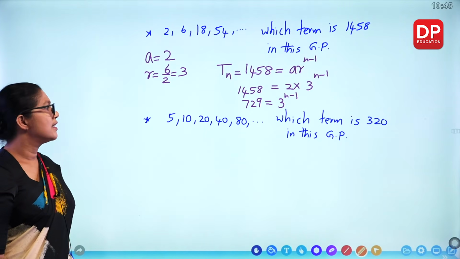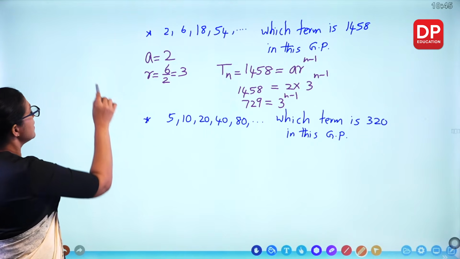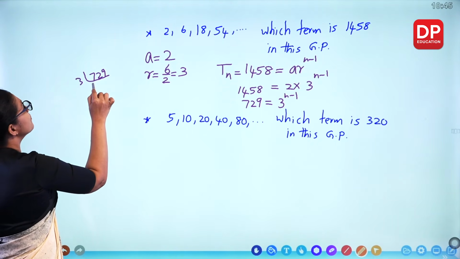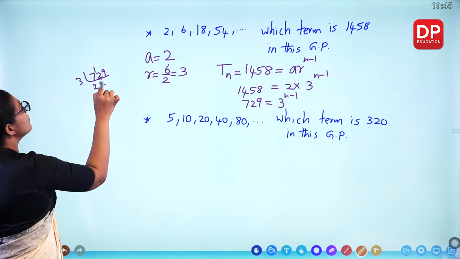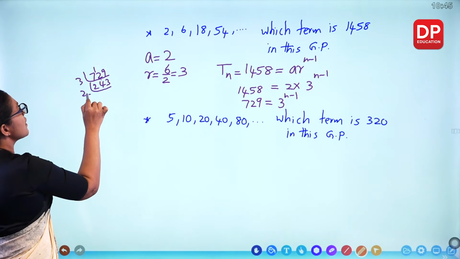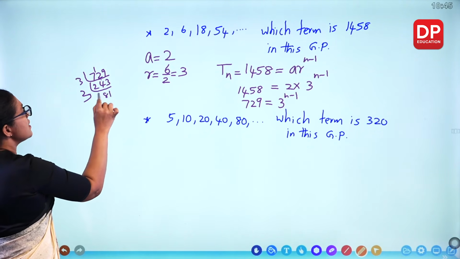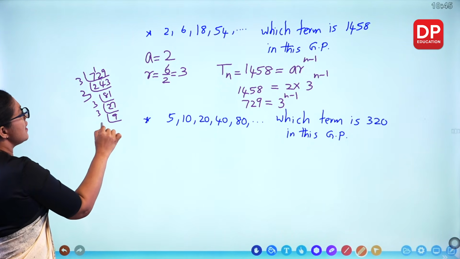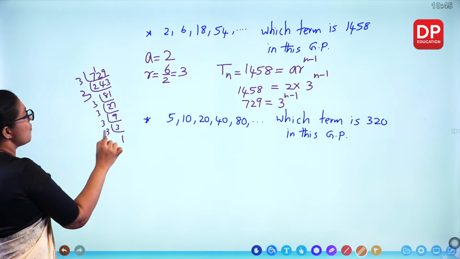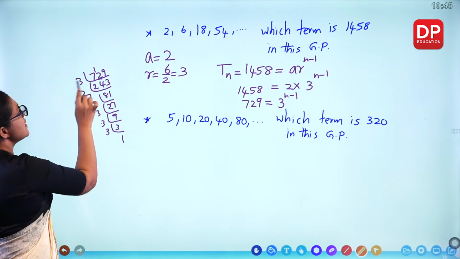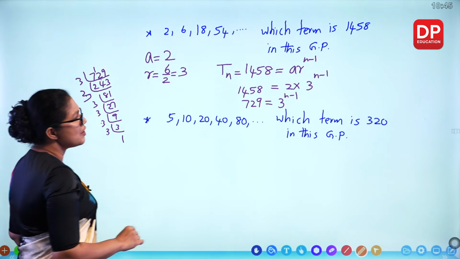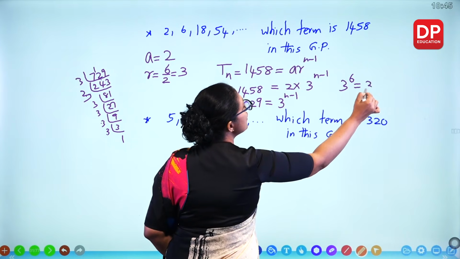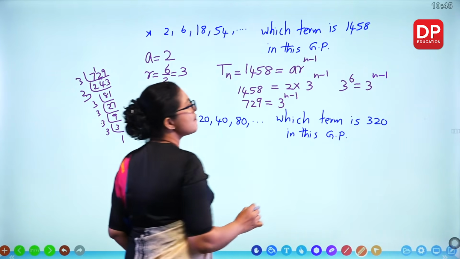So what is 729? We'll divide and see how many 3s are there. Divide by 3 again, 81, divide by 3, 27, 9 and 3. 1, 2, 3, 4, 5, 6. 3 to the power 6 is equal to 3 to the power n minus 1.